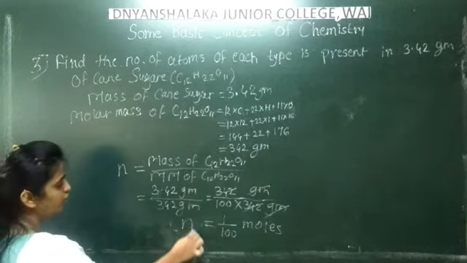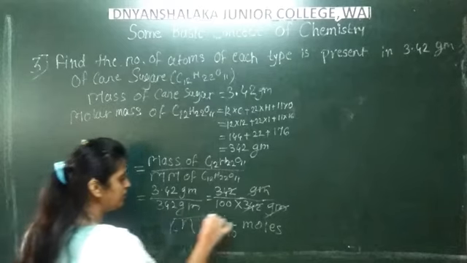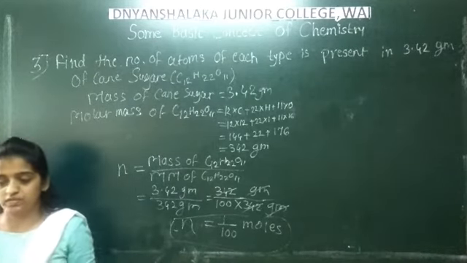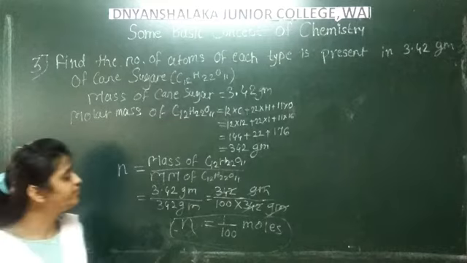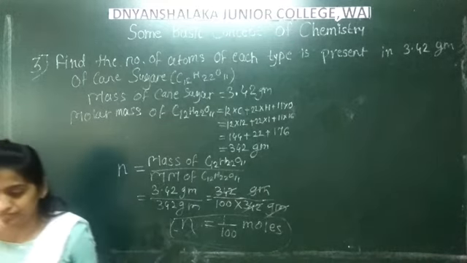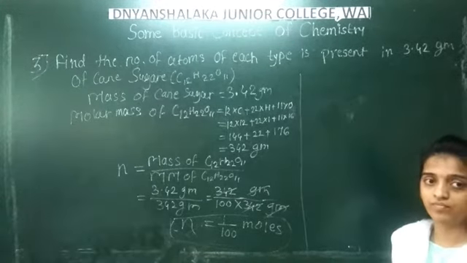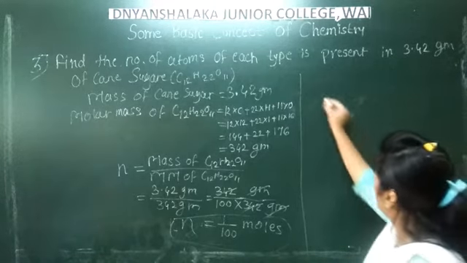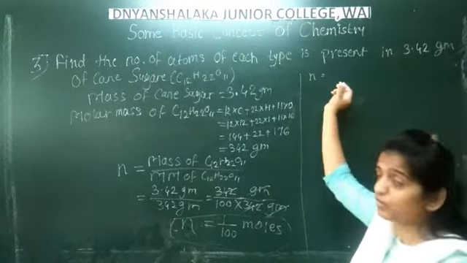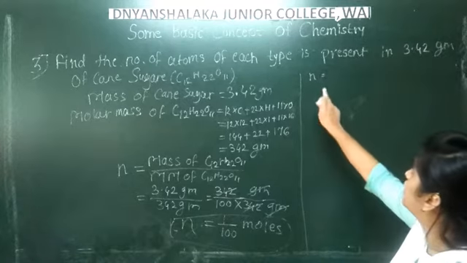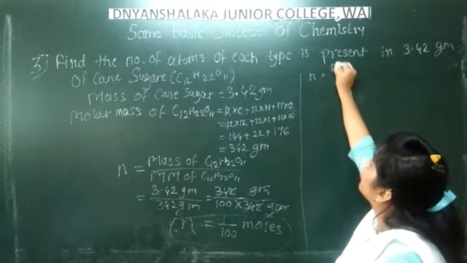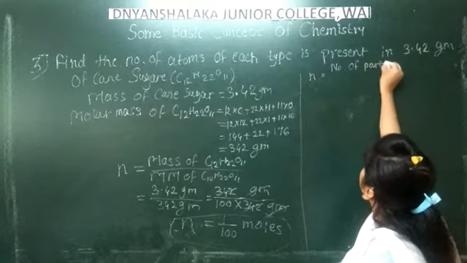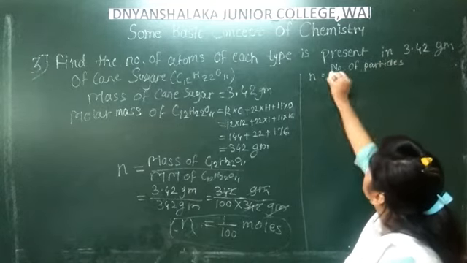Number of moles we have to find out, which is equal to 1 upon 100 moles. So using the number of moles of cane sugar, we have to find out the number of particles of cane sugar. Using the second formula, N, which is equal to number of particles upon Na.